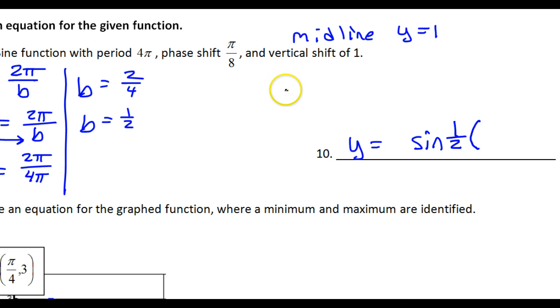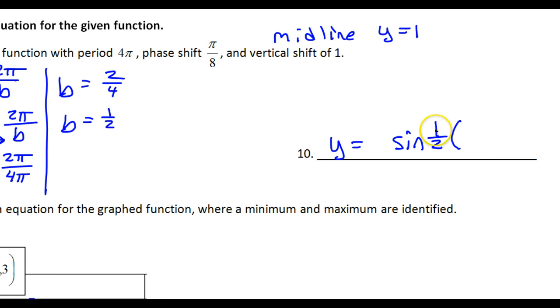If I want to use my pi over 8, I'm just going to leave that 1/2 outside of parentheses, and put x minus pi over 8. It's always going to be the opposite of the way it looks. If they say positive pi over 8 here, I need to put negative pi over 8 here. With that b value, that's going to give me the period of 4 pi.